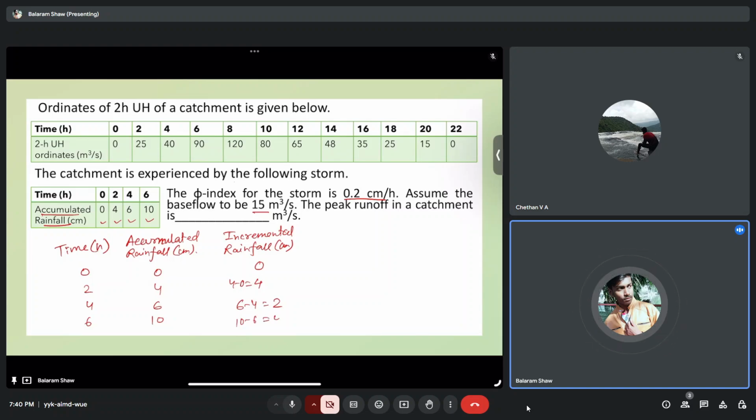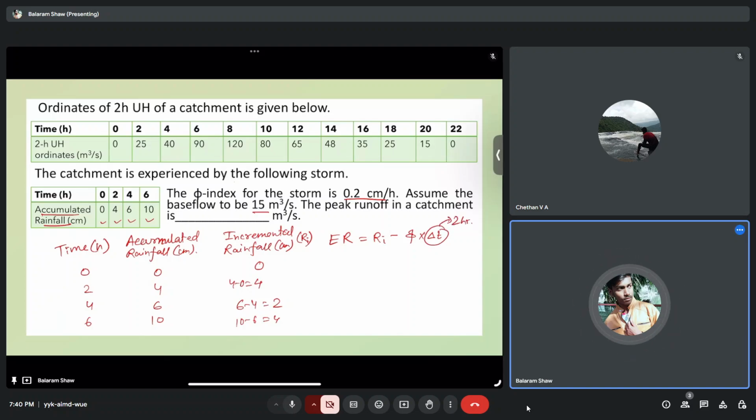Okay, so we have the incremental rainfall, and how much will be the effective rainfall? We can write effective rainfall as the incremental rainfall, let's say I write it as Ri, minus phi into delta T, right? So how much is the delta T for each time step? You can see it is 2 hours, right?